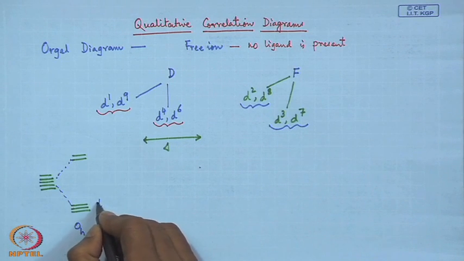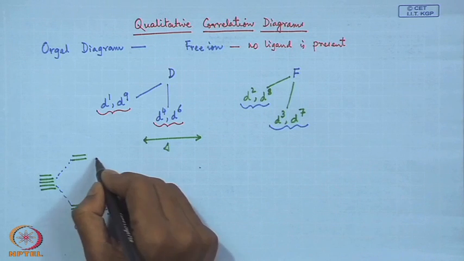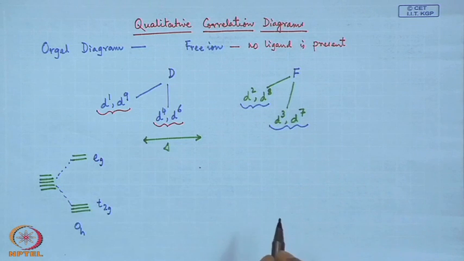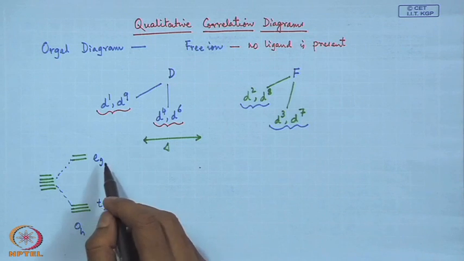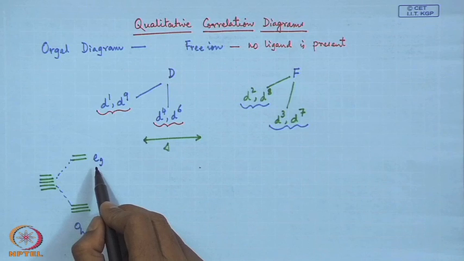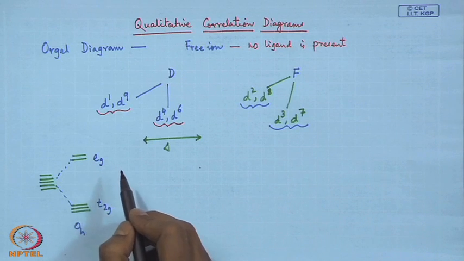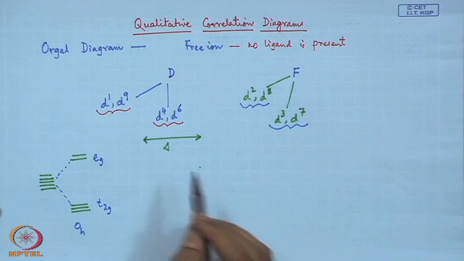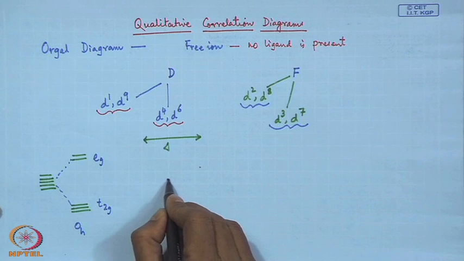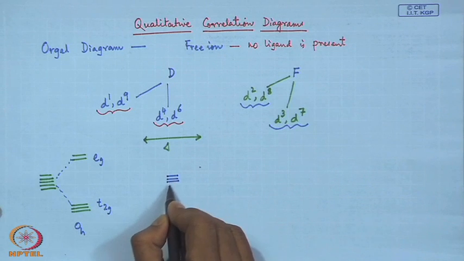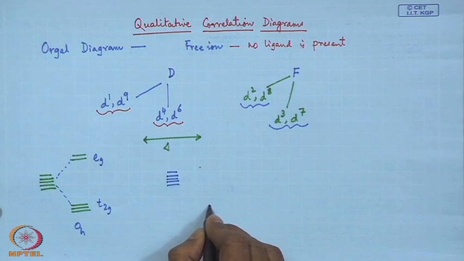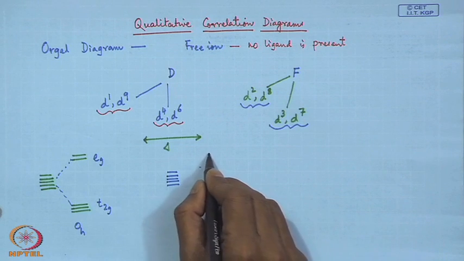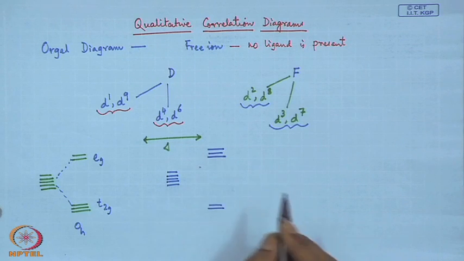This is the T2G set and this is the EG set because of the relative orientation of the different orbitals belonging to the T2G set and the other orbitals belonging to the EG set, and they are facing differently towards our ligand field. So, if we go from an octahedral field to a tetrahedral field, we will see that the splitting is opposite.